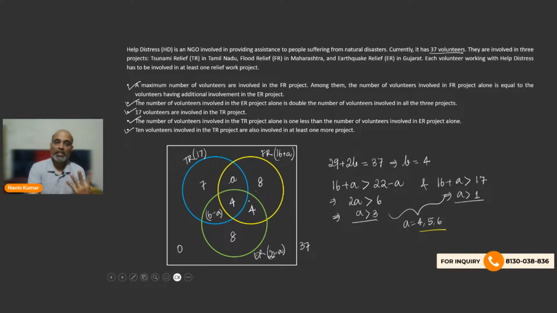All 4. Now, somebody who withdraws from TR will go to FR and ER only. Somebody who withdraws from FR will go to TR and ER only. Somebody who withdraws from ER will go to TR and FR only. So depending upon which of these four people withdraws from where, they have a very specific place to go.